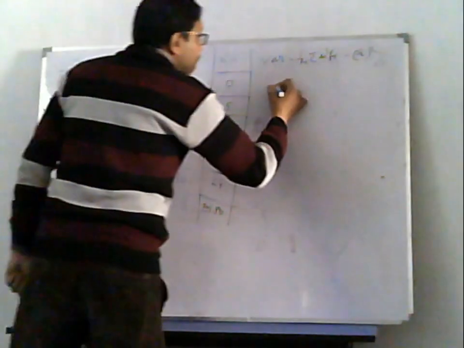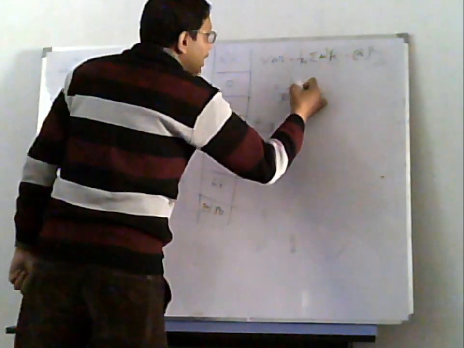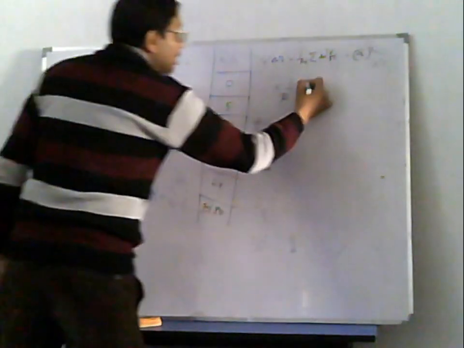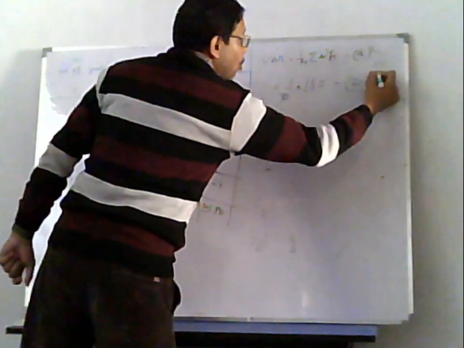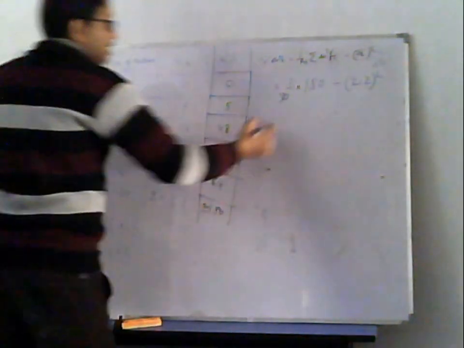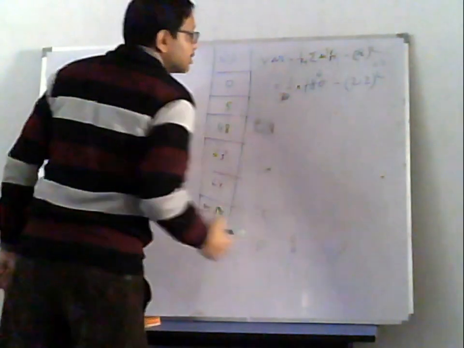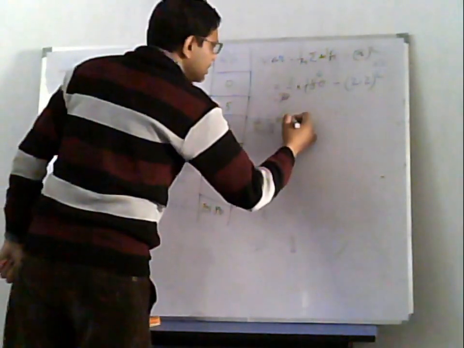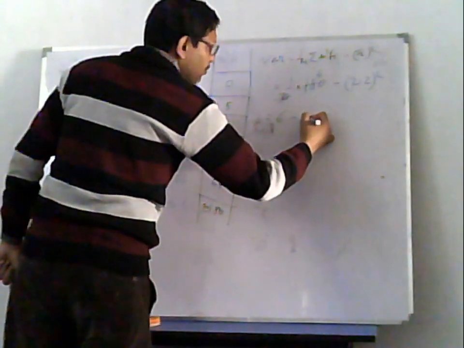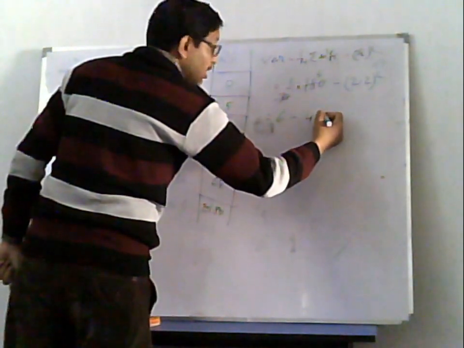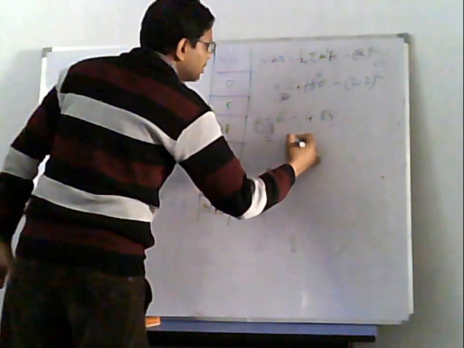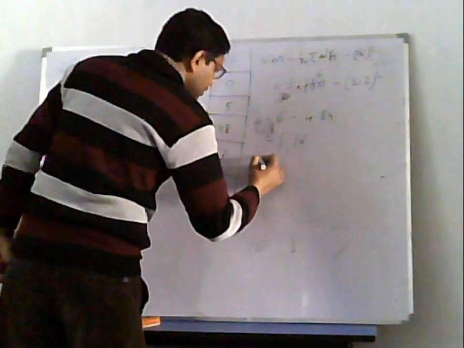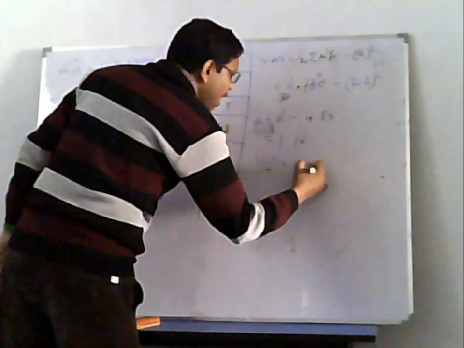So 1 by n, that is 30, into sum over xi square fi, 180, minus x bar, 2.2, whole square. So this is 6 and 6 minus that is 4.84, and that is 1.16. So variance equal to 1.16.